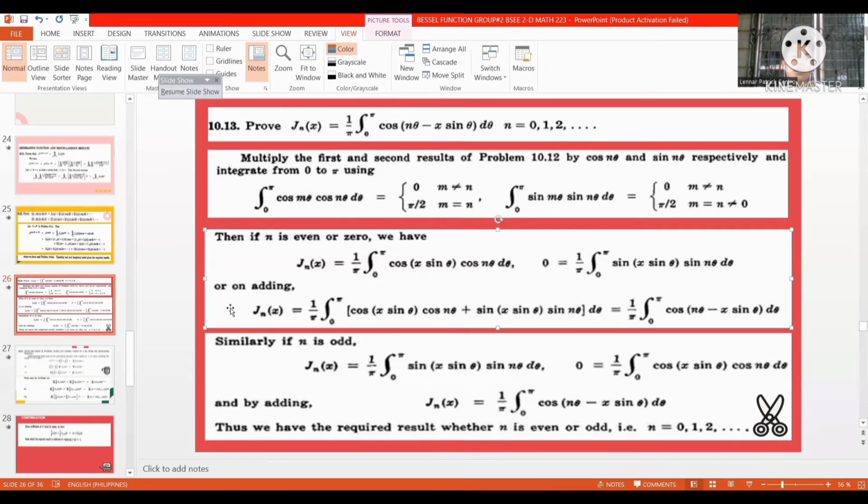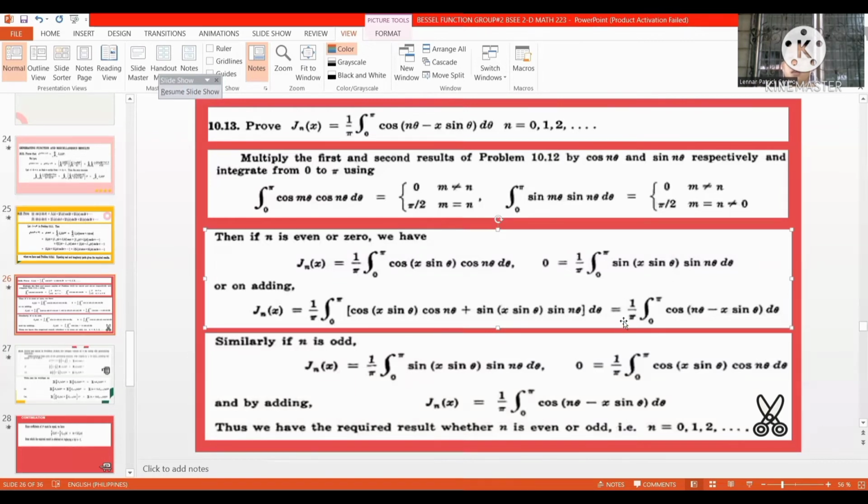On adding, J_n(x) equals 1/π times the integral from 0 to π of [cos(x sin θ) cos nθ + sin(x sin θ) sin nθ] dθ, equal to 1/π.